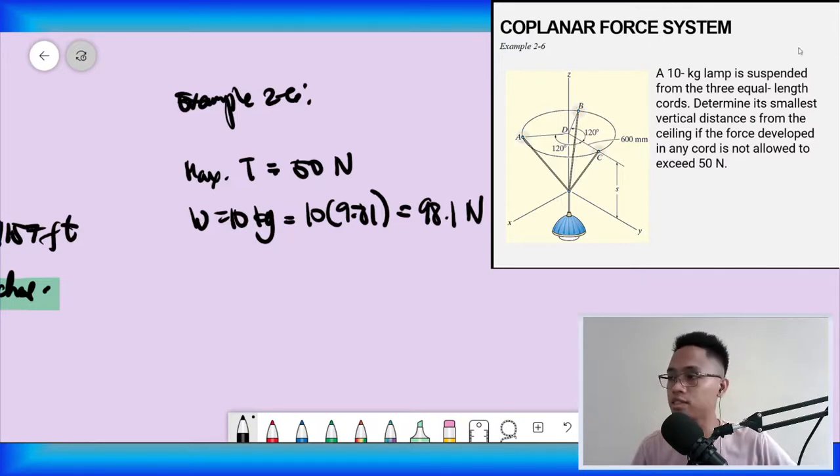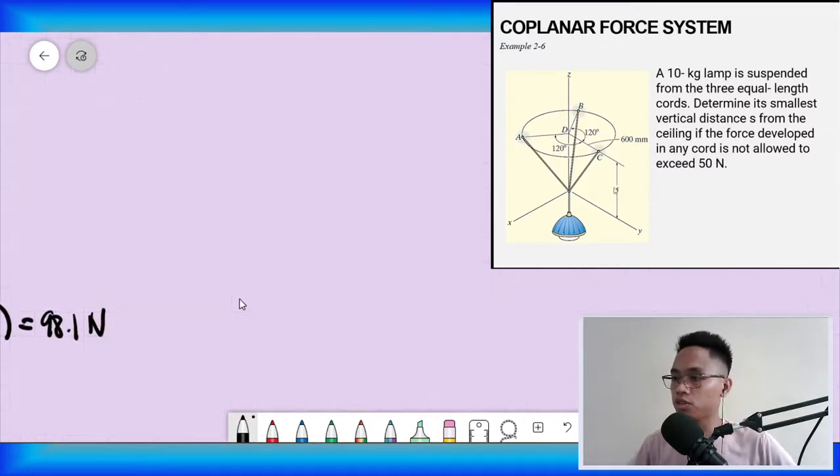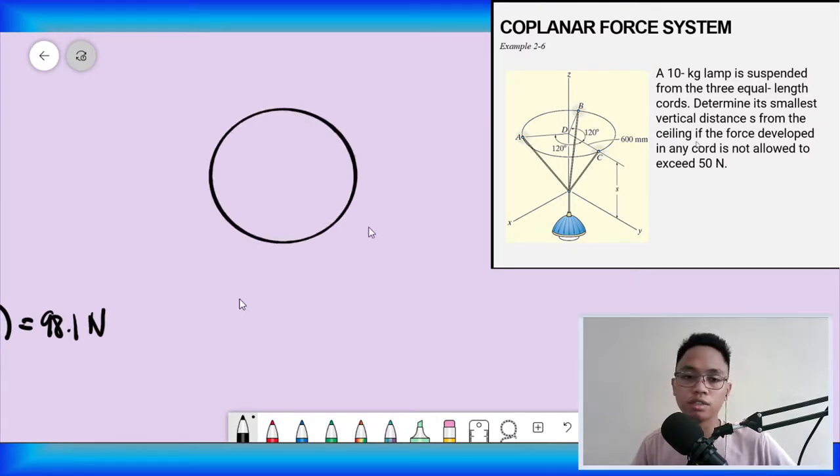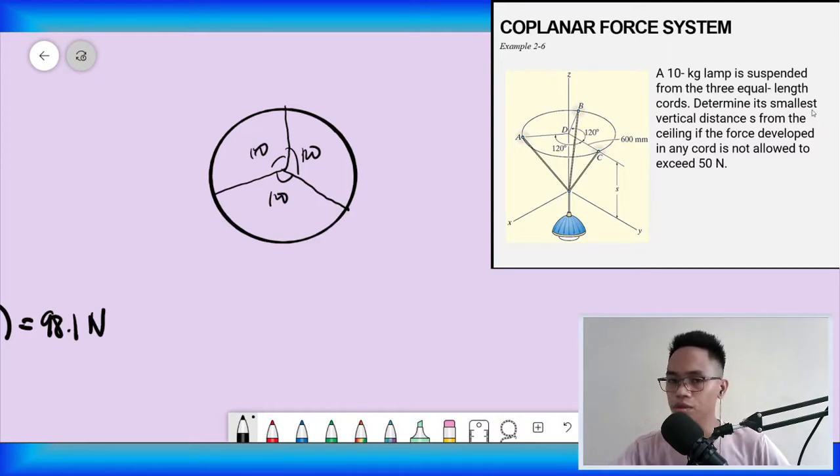So if we are going to do summation of forces, we don't need any given aside from this. Okay, I will draw the circle, assuming it is a circle. So that is 120 from the figure, since it is divided equally. Because this is 360 divided by 3, that is 120. Therefore, this is 120, this is 120, this is 120. So they are equal length cords. If you analyze it, you will say their forces are equal, right?